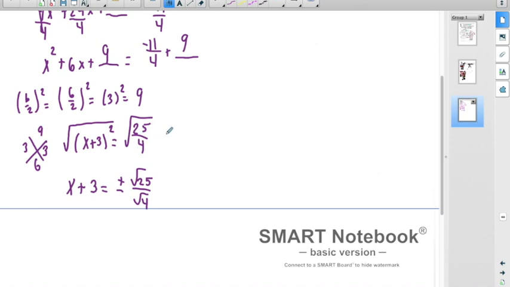Right? This is totally equivalent. It's the same exact thing. Taking the square root of a fraction, I can take the square root of the top individually and the bottom individually. What do we see about these two numbers, though? They're perfect squares. So I'm going to simplify that before I go on. X plus 3 equals plus or minus the square root of 25 is 5 divided by the square root of 4, which is 2.